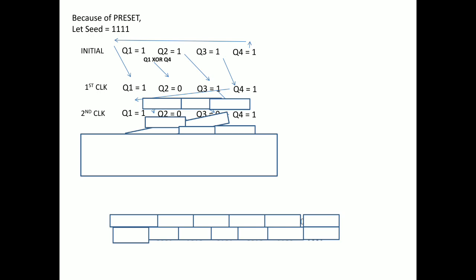Then q3 equals the previous q2, which in the first clock cycle is 0, so q3 of the second clock cycle is 0. Then q4 is equal to q3 of the first clock cycle, which is 1, so q4 is also 1.